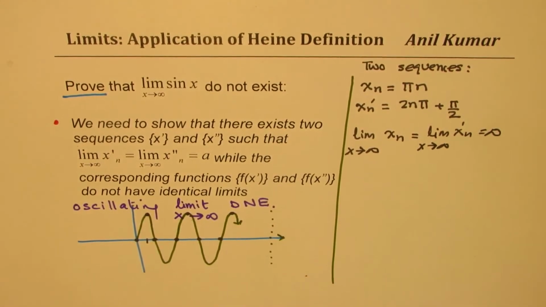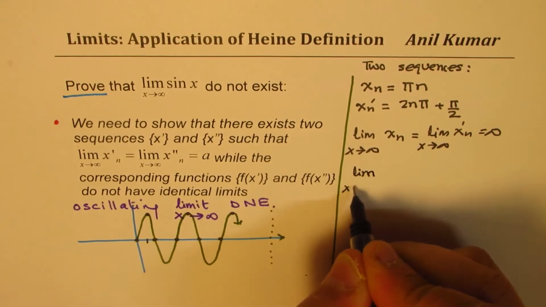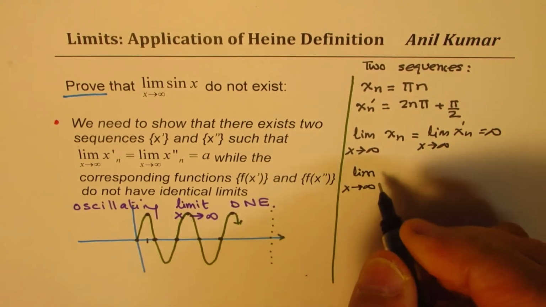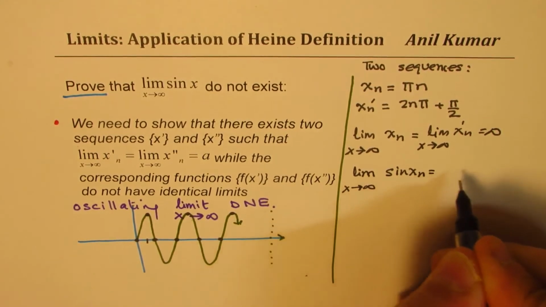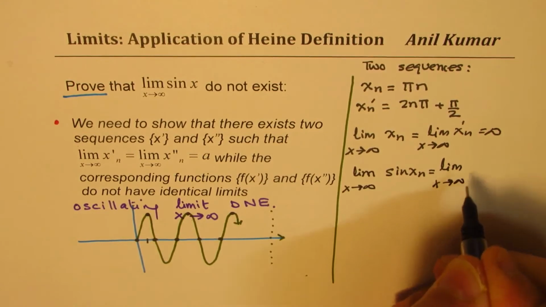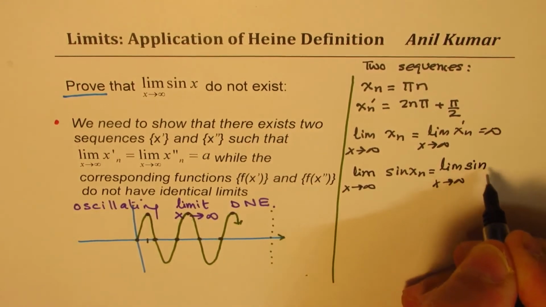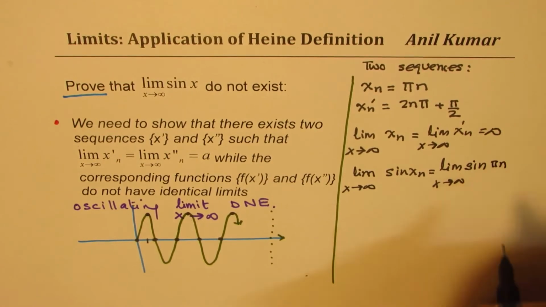They are infinitely large. Now, let us find what is the limit of the function sine x for these two. So we'll rewrite and we'll find the limit when x approaches infinity for sine of xn, which is the limit as x approaches infinity for sine of n pi, or pi n.